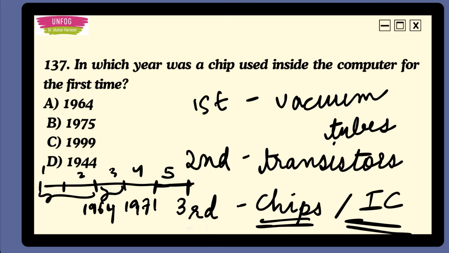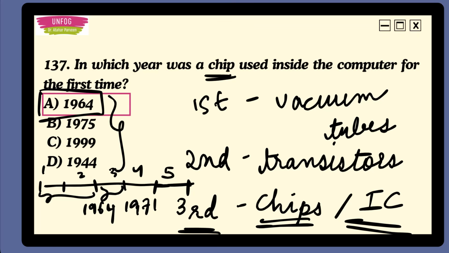So in what were chips and IC used? Third generation. What is this question also asking us? About chip or IC only. We have to see in which of these options fall in third generation year. 1964 to 1971. This only. So this has to be our correct answer. Okay.